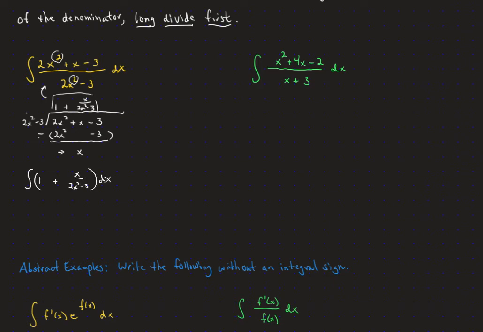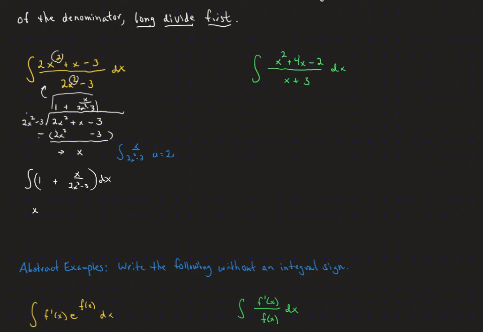So now we can integrate this. The integral of 1 is just x, and the integral of our x over 2x squared minus 3, we're going to do a u substitution.